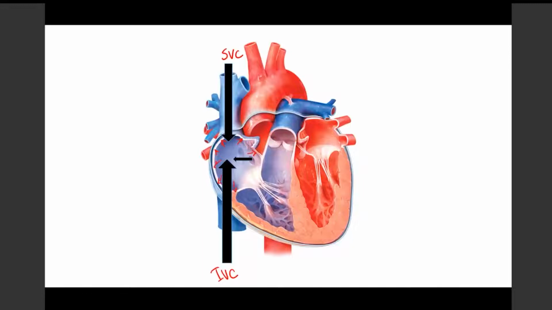When you take a look at the valve that is stopping the blood from going down into the right ventricle, at this point that valve is closed, so pressure starts to build up in here. Keep that in mind, the phenomenon behind the pressure accumulation.